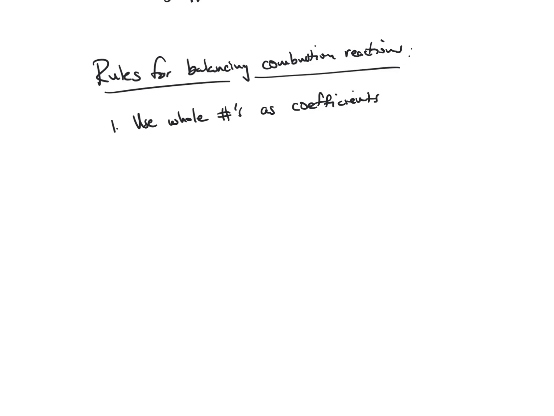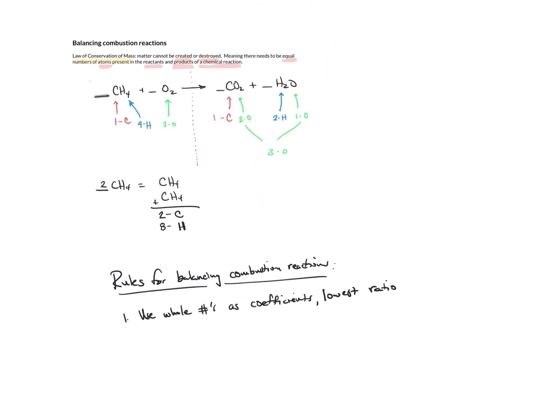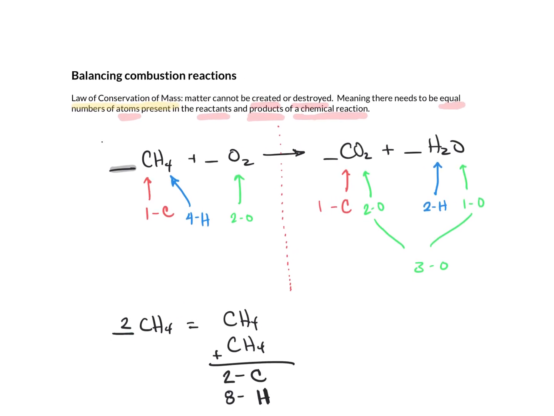Okay, and one additional thing that we need to know about these coefficients is they should always be in the lowest ratio. Meaning, if we can reduce, we should reduce. And what do I mean by that? Well, if we go back up here to this chemical reaction, and let's say hypothetically we had the number 2 here, and the 4 here, and a 2 here, and a 4 there.